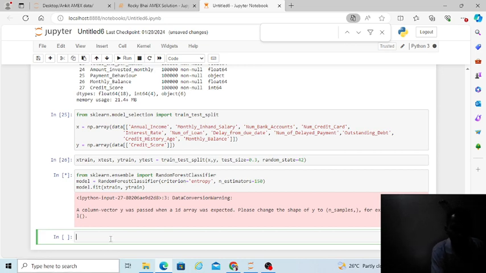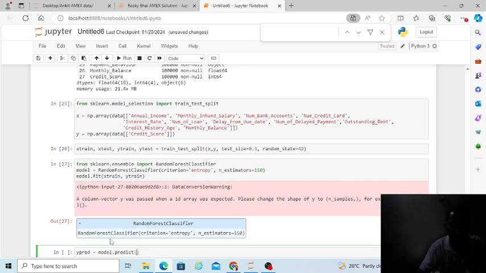So it is getting trained. Once our data is trained, we'll calculate y prediction, that is model.predict. Now our data is trained.